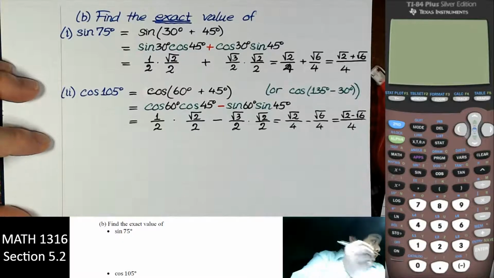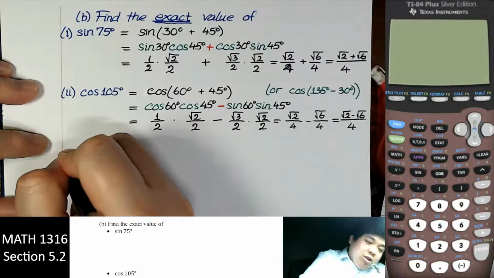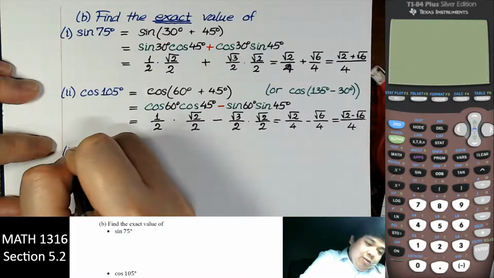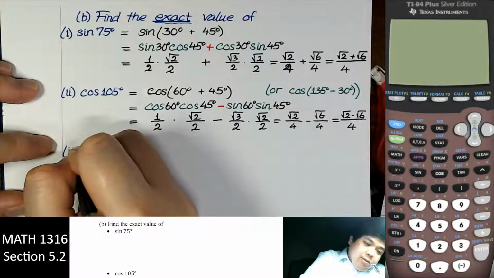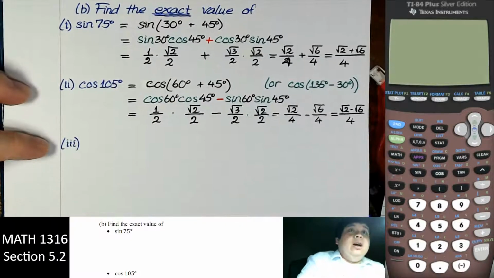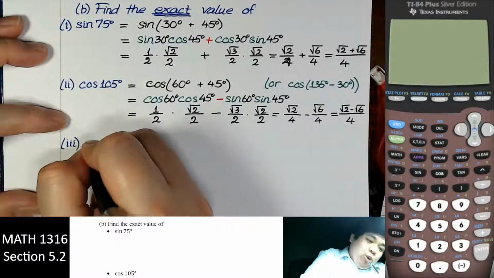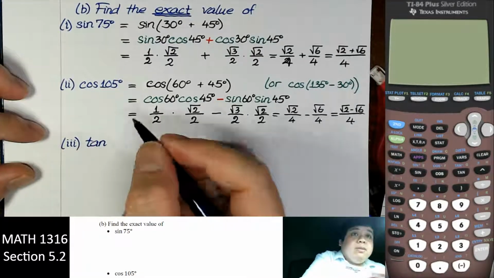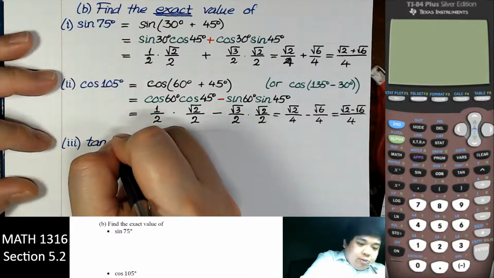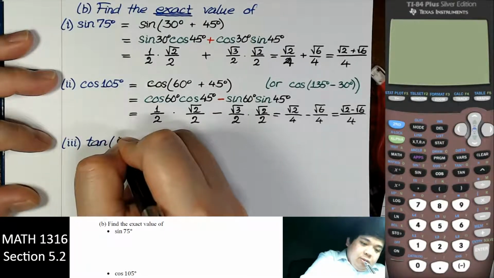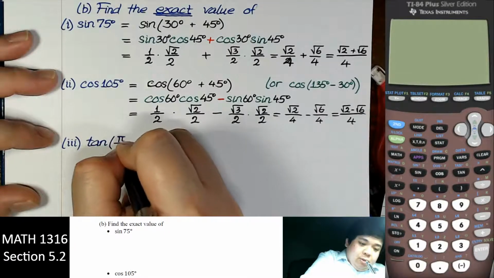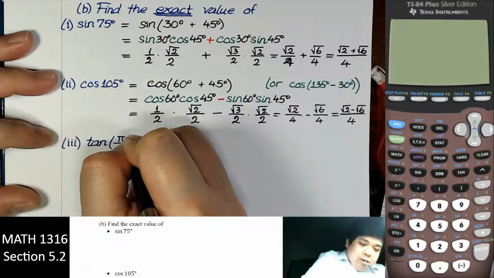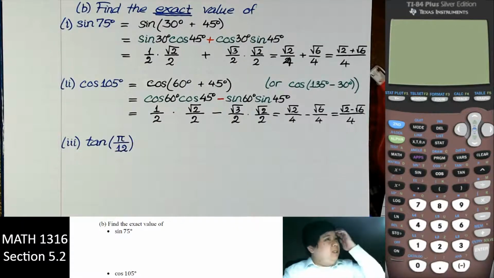Alright, try something else. How about something in radians? We haven't used tangent yet. So tangent of pi over 12.